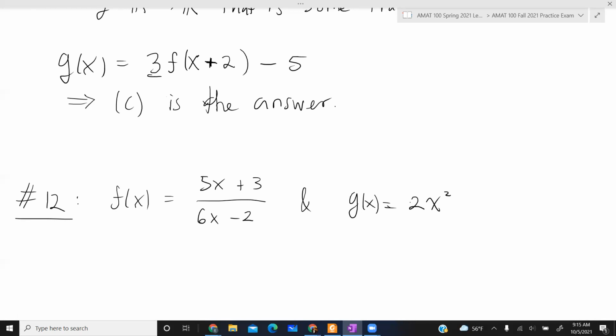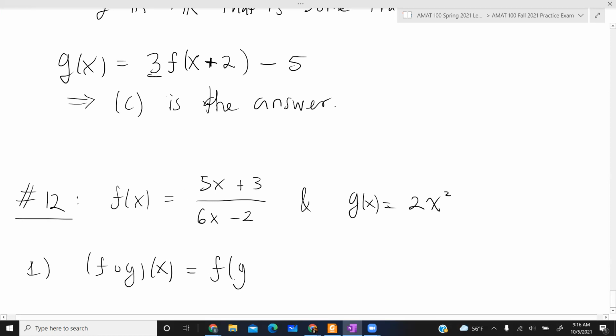So for part 1, I want to compute f composed with g at x. By definition, that's this. So you feed x into g, and then you feed that into f. So you feed x into g to get g of x, and then you feed g of x into f.